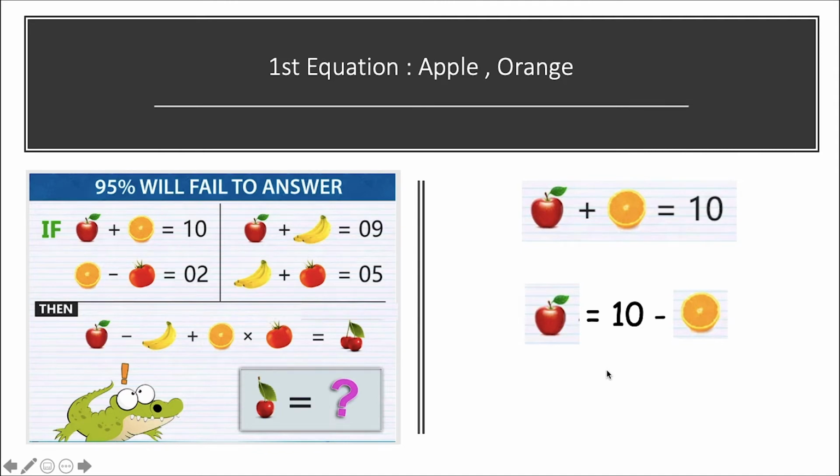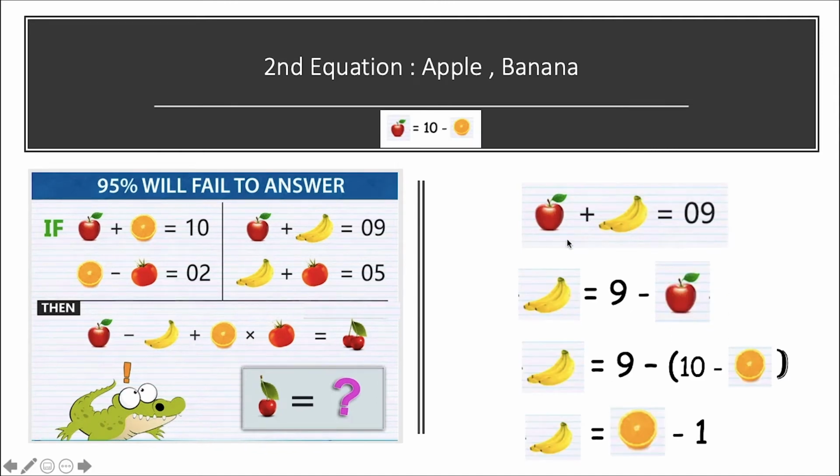Now jumping on to our second equation. In the second equation we have apple and 3 bananas whose sum is equal to 9. So 3 bananas would be equal to 9 minus apple, and from the first equation we have the value of apple, that is equal to 10 minus orange. Putting that value here and solving, I'll get 3 bananas' value in terms of orange.